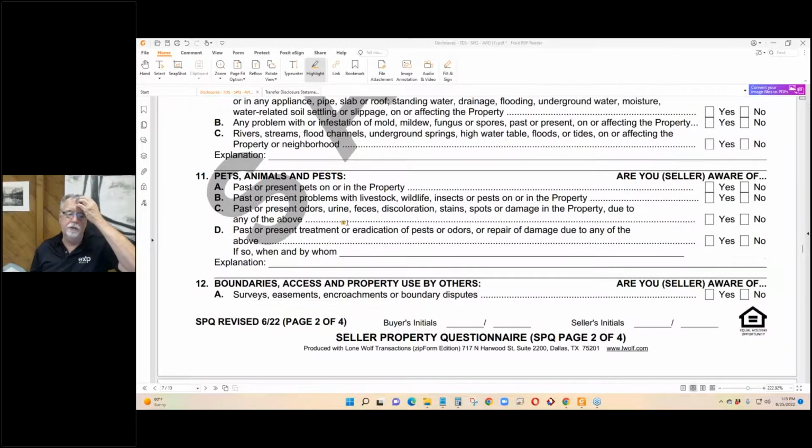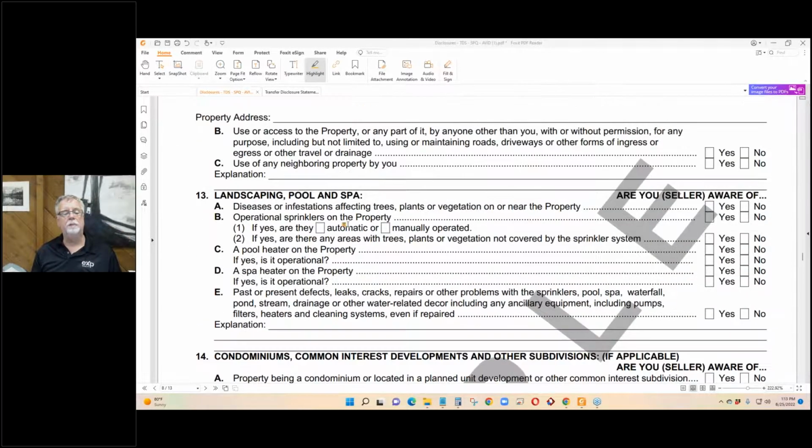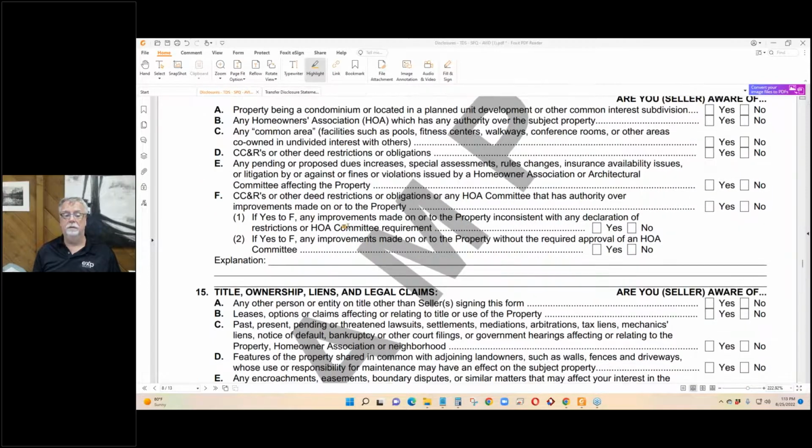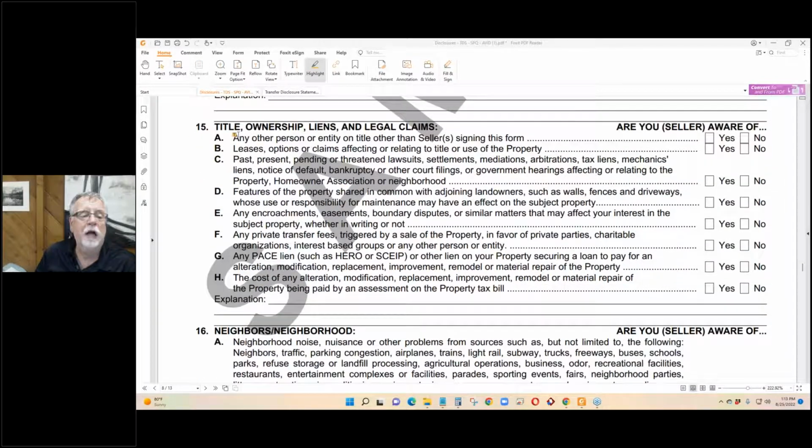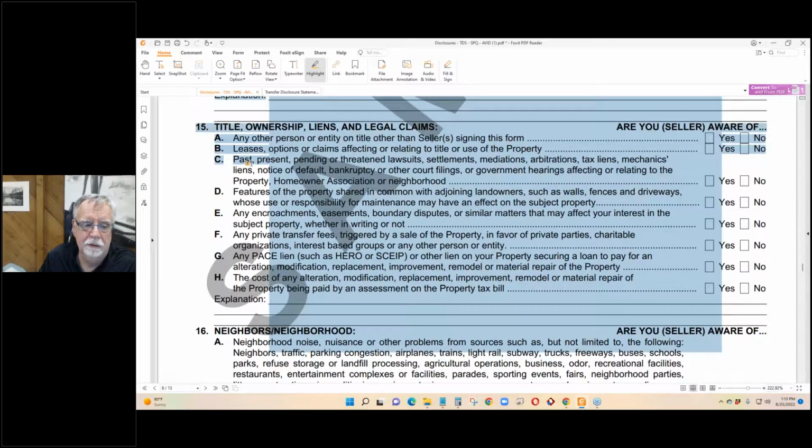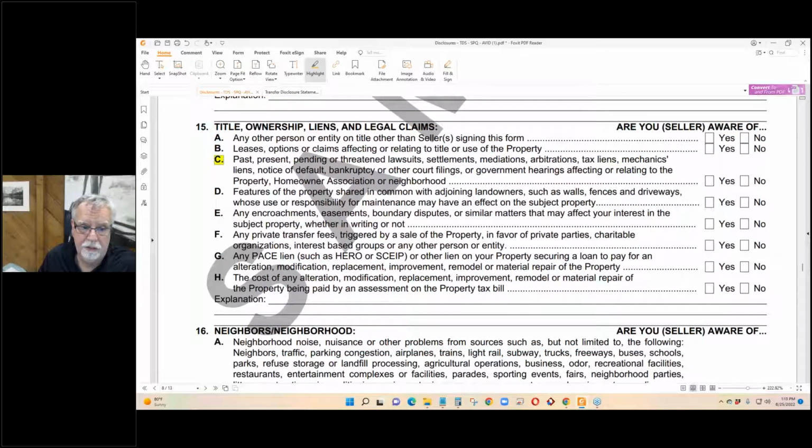Now, I'm not going to go through it line by line. This is sort of something you might have to do with your client, but there's one thing I want to point out. Title, ownership, liens, and other legal claims. Is the seller involved in any litigation, past, present, or pending? Right? And you see that past, present, or pending lawsuits or threatened settlements, mediation, arbitrations, right?